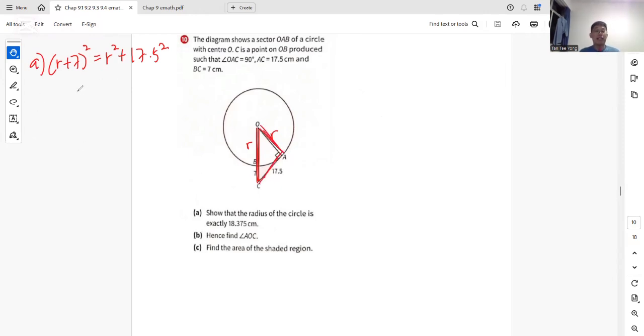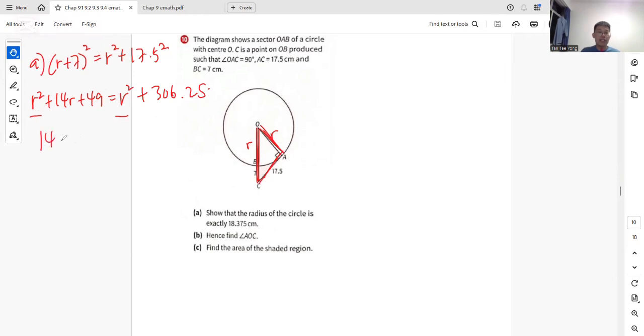Let's expand this and do some algebra. So R squared plus 14R plus 49 equals R squared plus, what is 17.5 squared? 306.25. Both sides have R squared, so you minus it away.